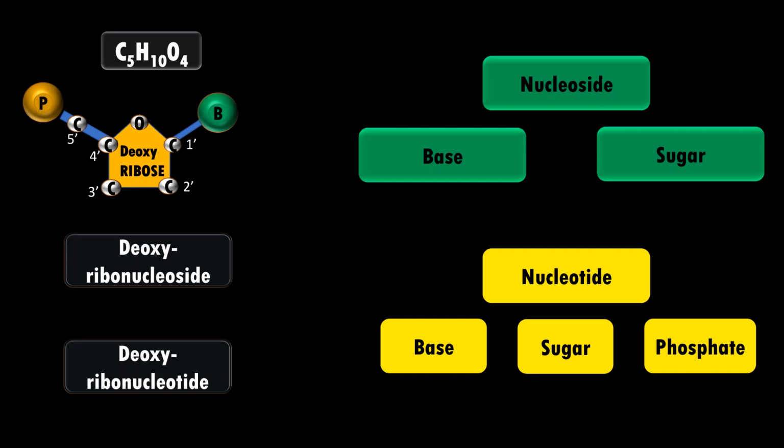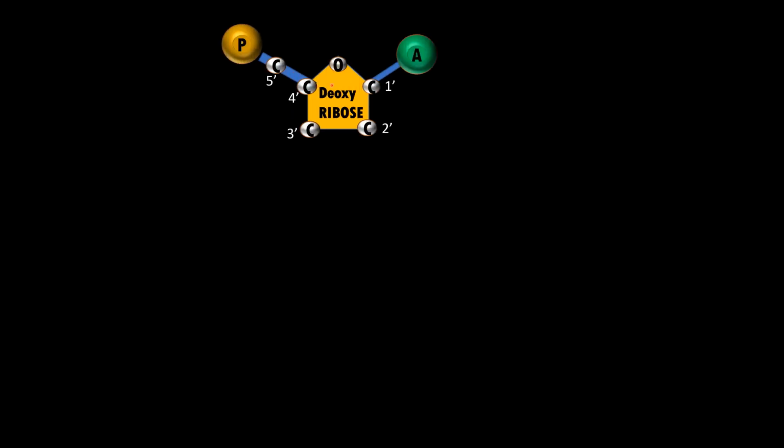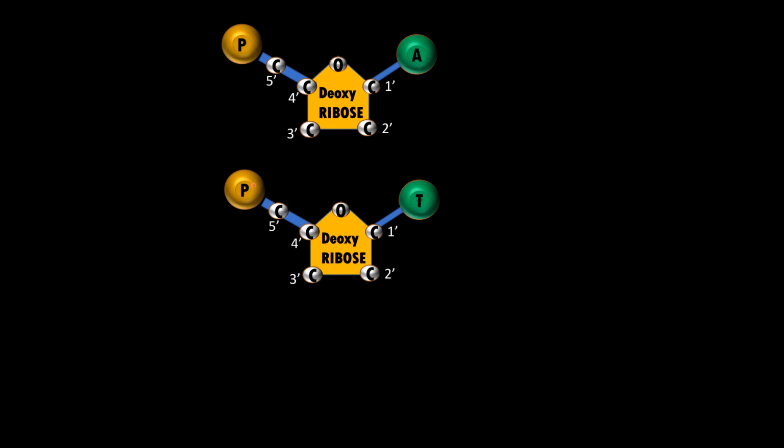Now let us see the chemical structure of a DNA. Now this is one nucleotide. Now for the sake of understanding, I have taken say adenosine monophosphate. The second one is thymidine monophosphate. Now this is one nucleotide, this is the second nucleotide. Now second nucleotide is added to the first one by using phosphodiester bond.